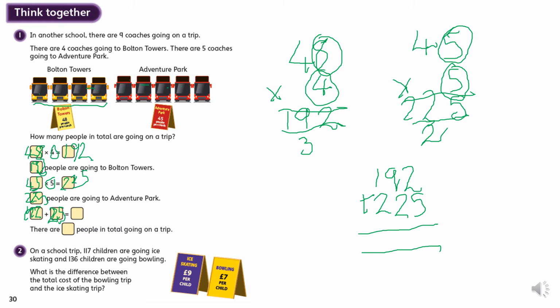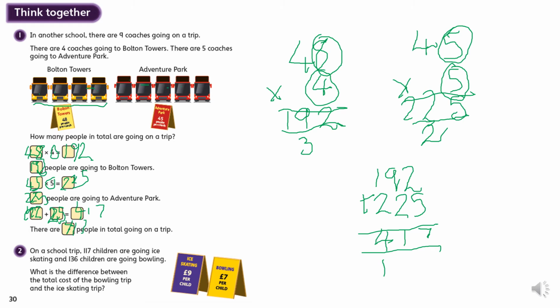And again, I must always start at my ones. So I have 2 plus 5 equals 7. 90 plus 20 is 110. Then I have 100 add 200 is 300. Add my 100 in makes it 400. So altogether, 417 people are going on a trip.